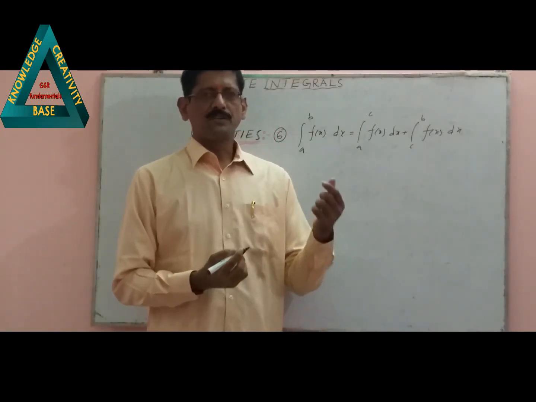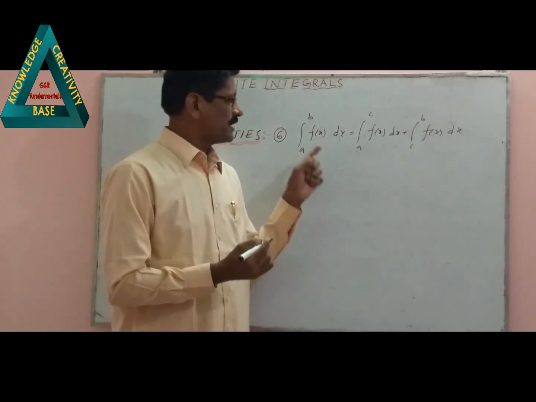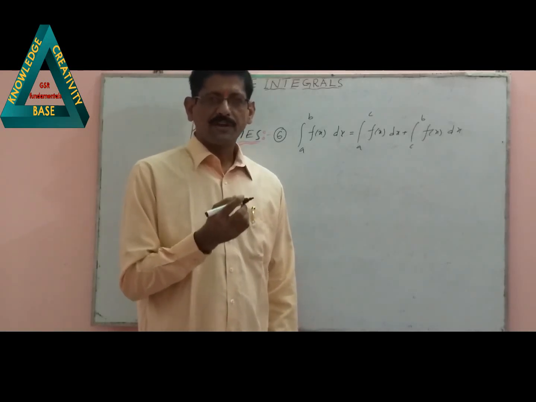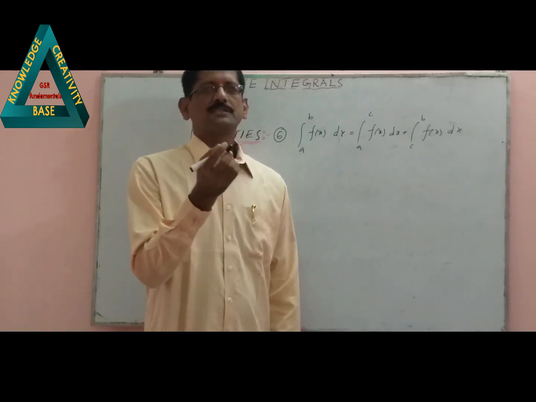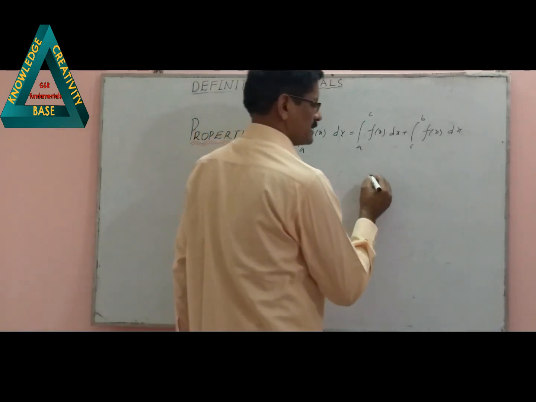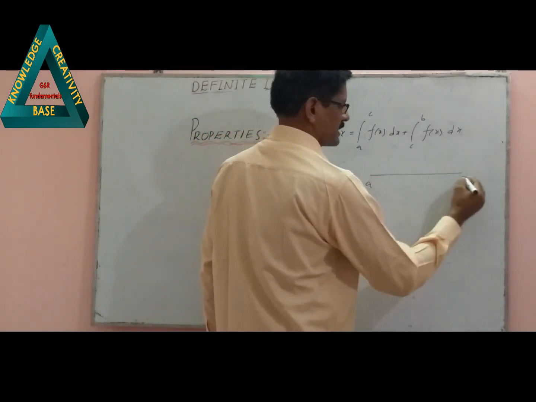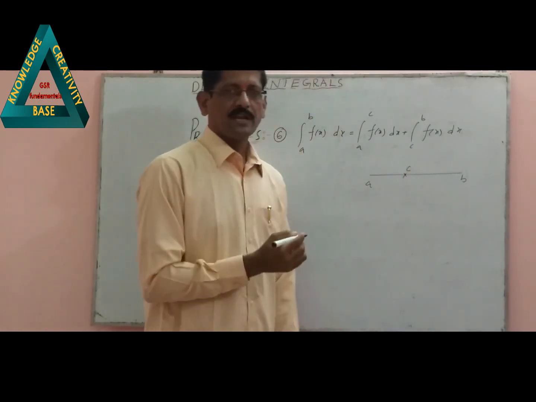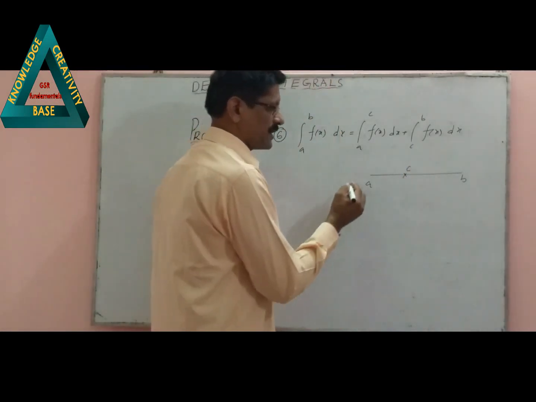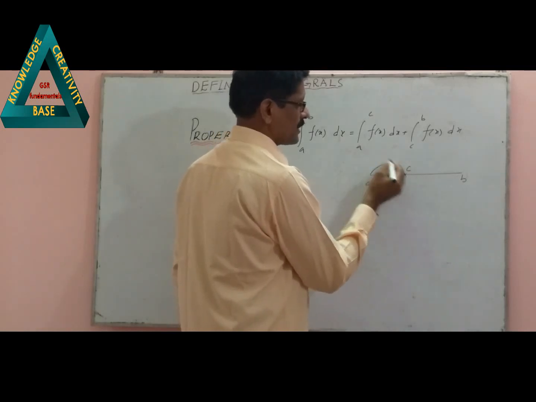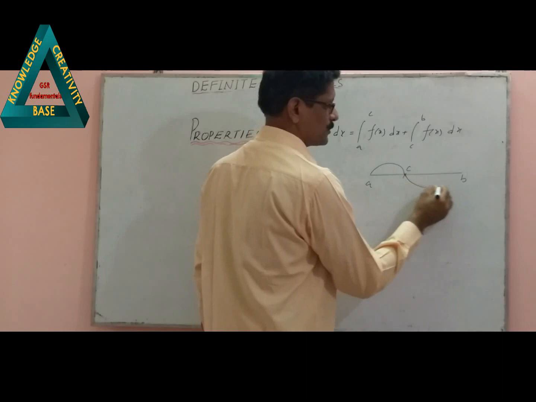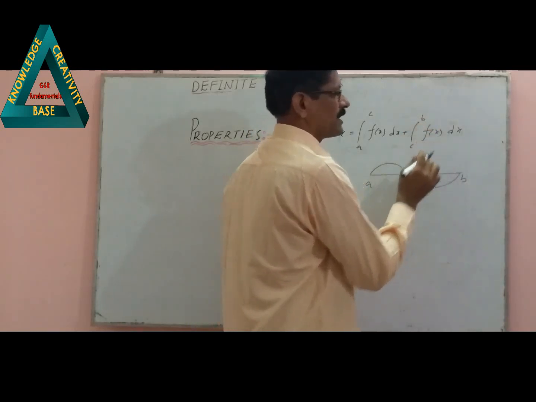What is the meaning of this property? To evaluate the definite integral a to b means to evaluate the definite integral a to c and c to b. That means this range lies between a and b. Suppose c is any value that lies between a and b. The definite integral a to b equals integral a to c f of x dx plus c to b, that means integral c to b f of x dx.